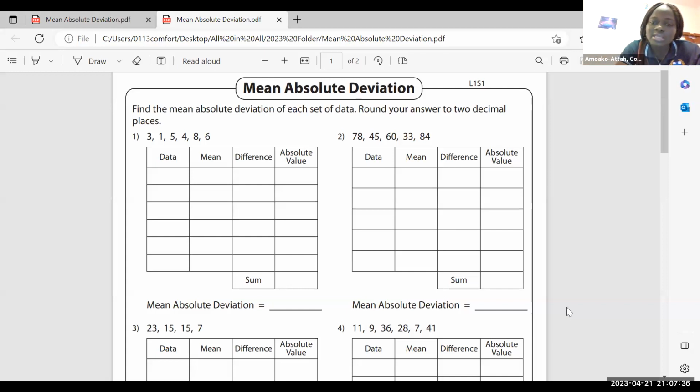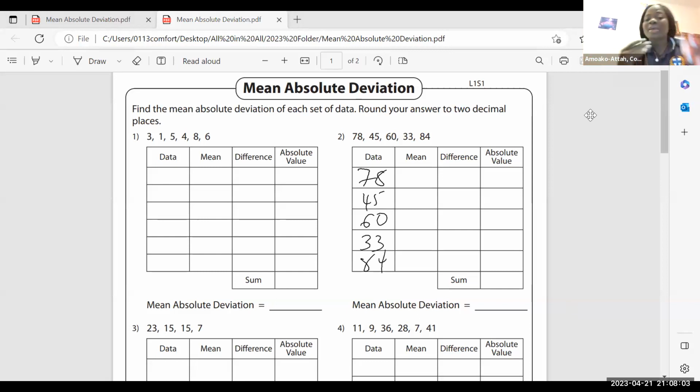All right, so I'm leaving you with this assignment. You do it and you submit your work. That is the data given to us: the numbers 78, 45, 60, 33, and 84.